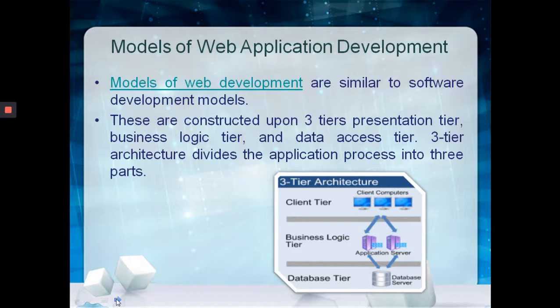There are different models of web application development. Each of these models consists of different layers or different tiers of logical computing. The most popular model of web application development is a three-tier model, or three-tier architecture.